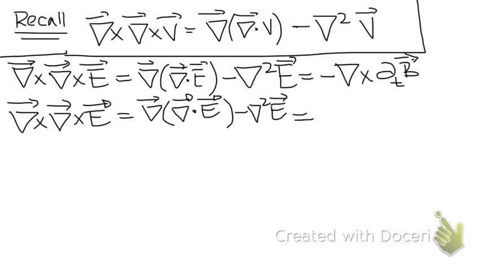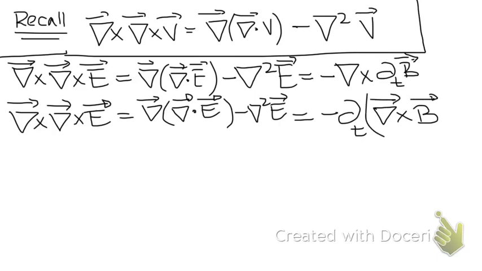negative partial time derivative of the curl of B, right?